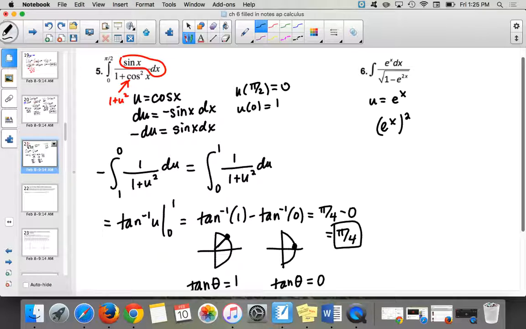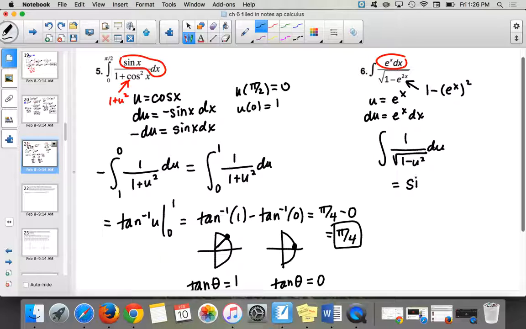So what we have under there is 1 minus e to the x squared. So our u is e to the x. So our du then is going to be e to the x dx, which is nice because that was right here. So when we replace, we get 1 over the square root of 1 minus u squared du.